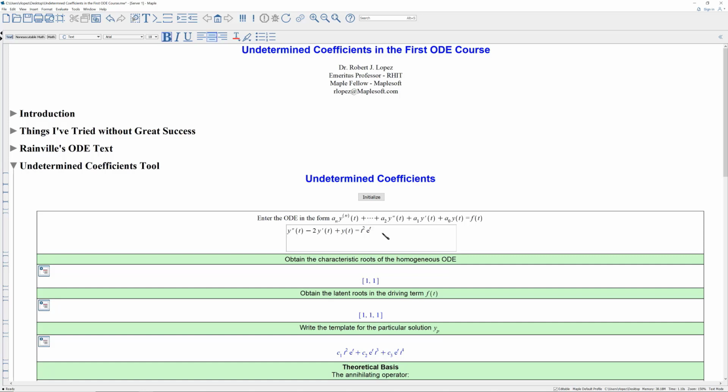I showed you how you could read it and see what I did. And the challenge to any participant here, any listener, is if you know of a formula that would take as input a right hand side and output the appropriate annihilating operator, let me know because I've never found it.